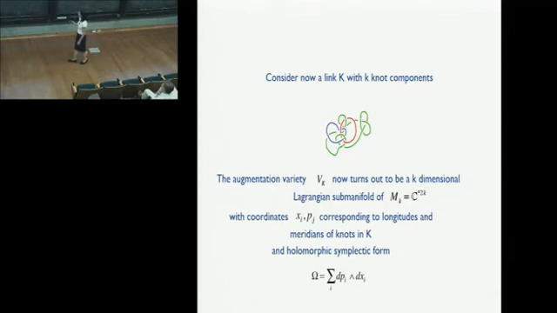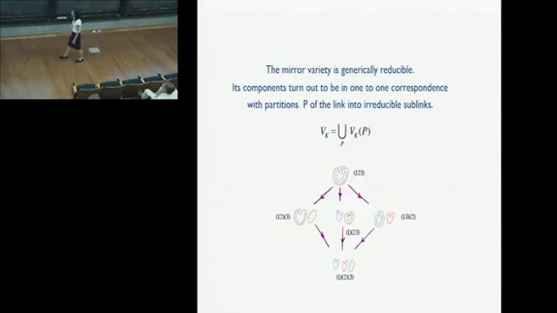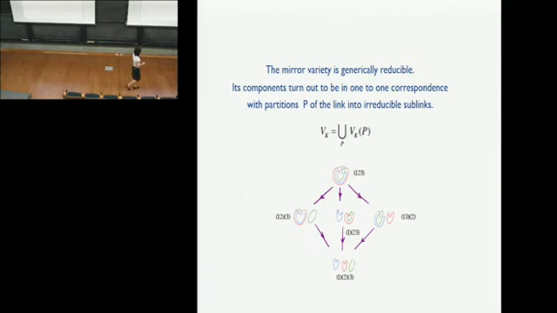But the fact that they live in the moduli space relates them and gives you a Lagrangian submanifold, Lagrangian with respect to this holomorphic symplectic form. Now, it turns out that if you study links, the varieties that you get are reducible, and there's actually a pretty geometry in this, where the components of the variety that you get are related to the number of ways of partitioning the link into irreducible sublinks.